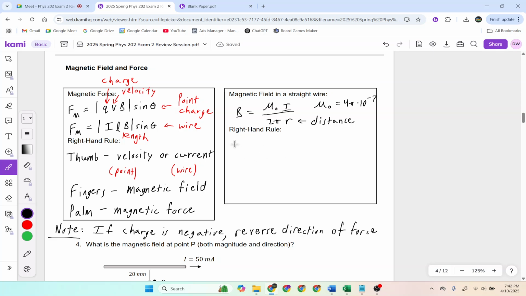Okay, next we have the right-hand rule. This is going to be just slightly different than the other right-hand rule. Our thumb is going to point in the direction of current, not velocity, because we're just talking about a wire with this one.